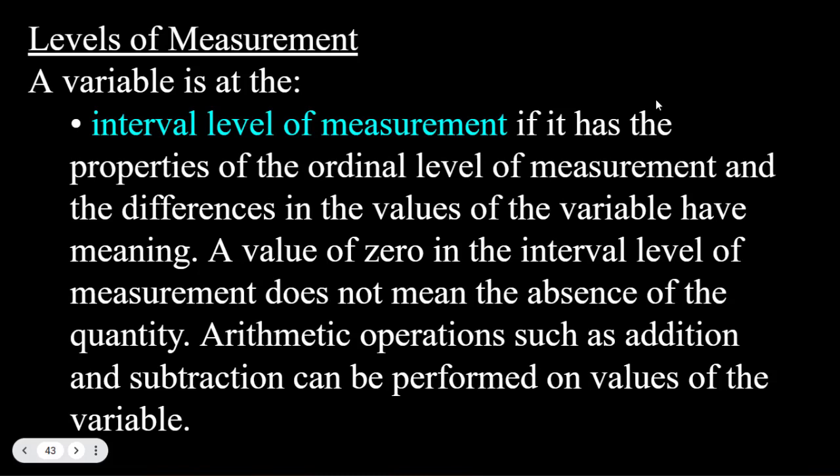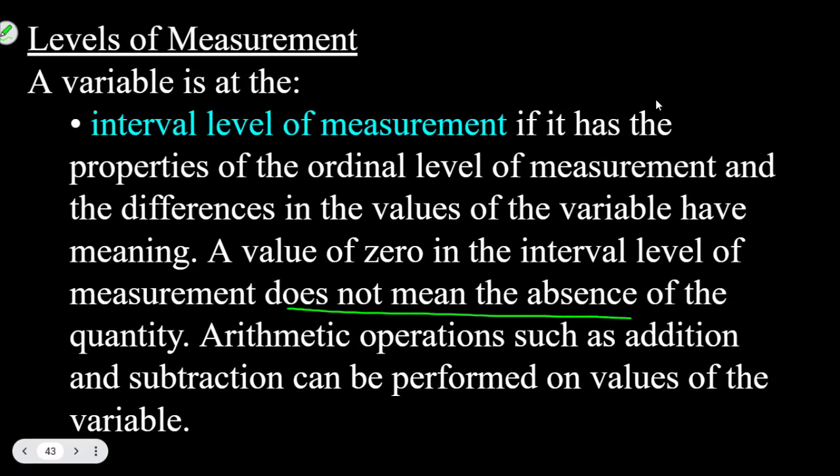And the differences in the values of the variable have meaning. A value of 0 in the interval level of measurement does not mean the absence of a quantity. So this is the key here. It does not mean the absence of a quantity. So just because you have a 0 doesn't mean there is none of something.